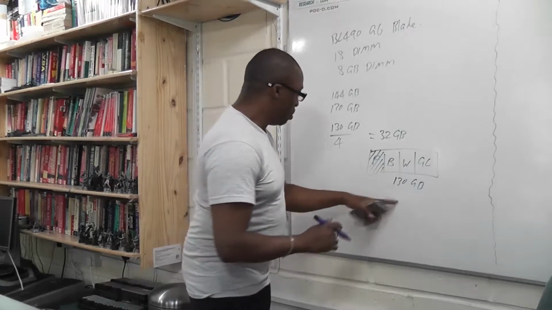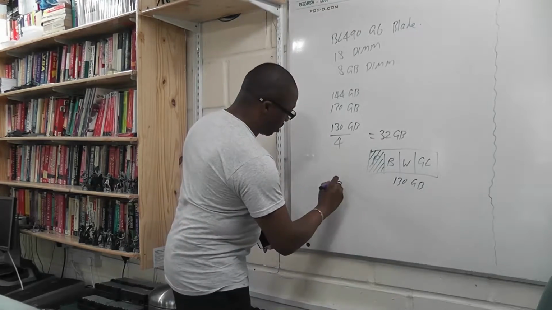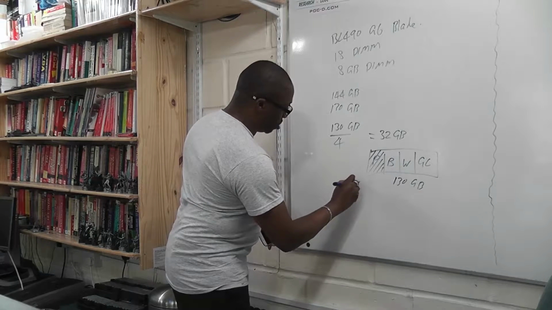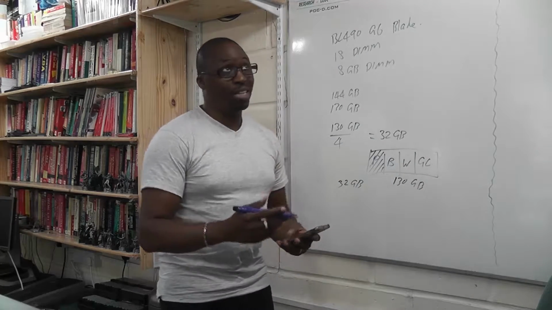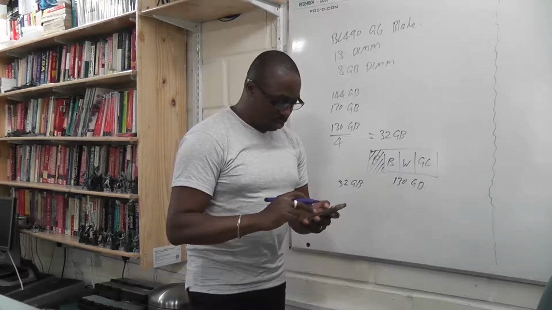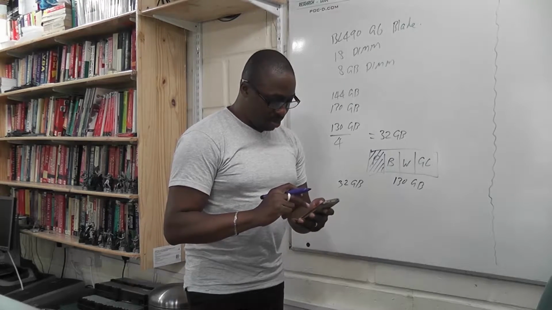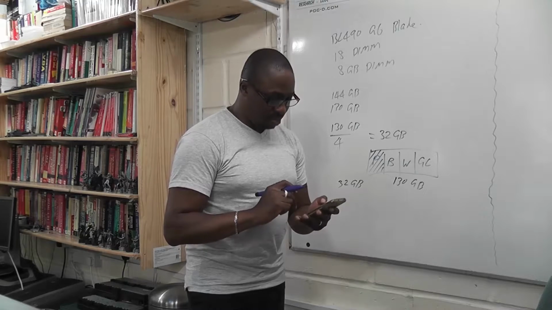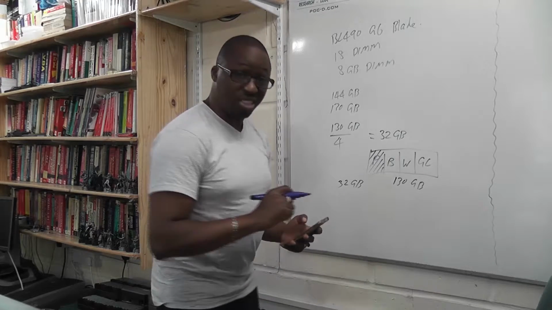So now we've determined that the capacity per server is 32 gigs. Given that, 32 times 8 gives me 256 gig.